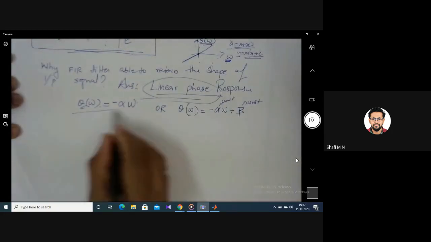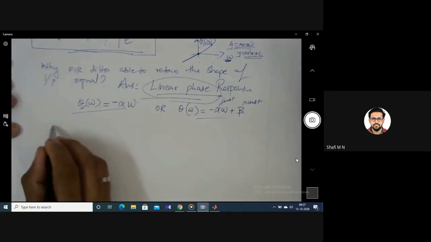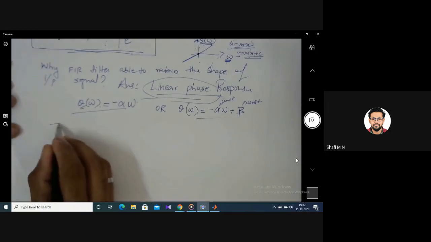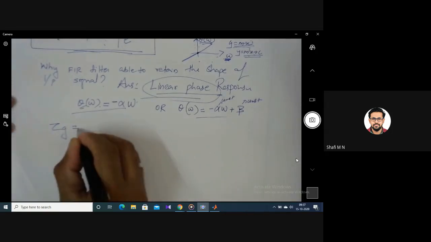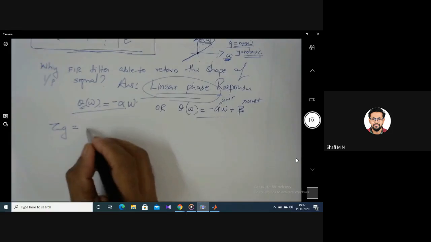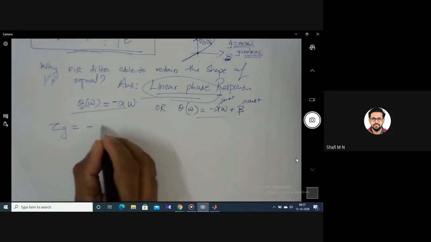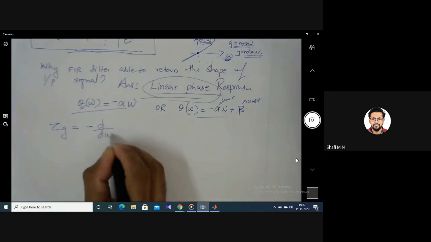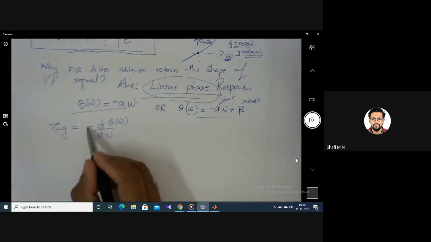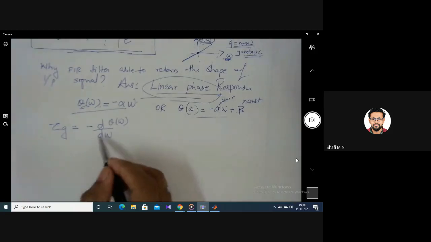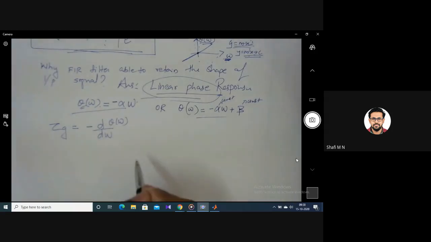Before starting the analysis on these two, let me introduce new terms called group delay and phase delay. Group delay is defined as minus d by d omega of theta of omega. This is the actual equation for group delay.